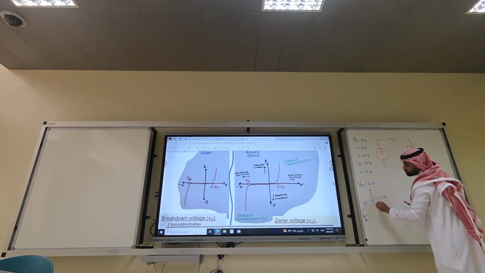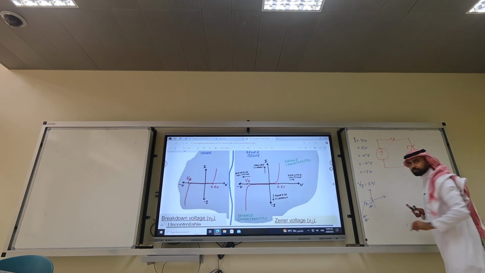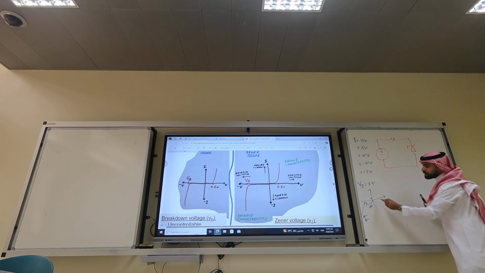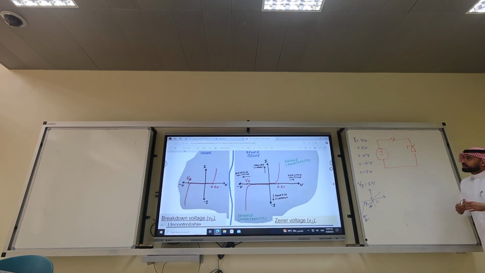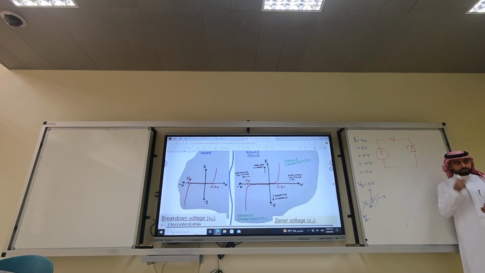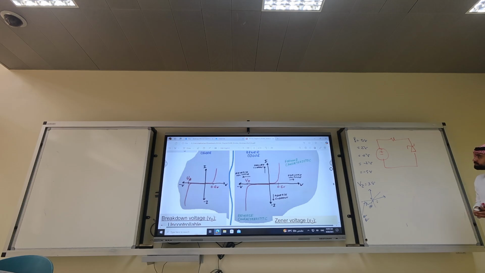Between 0 and minus 3, the diode is off, open circuit. Above 0, we are forward.